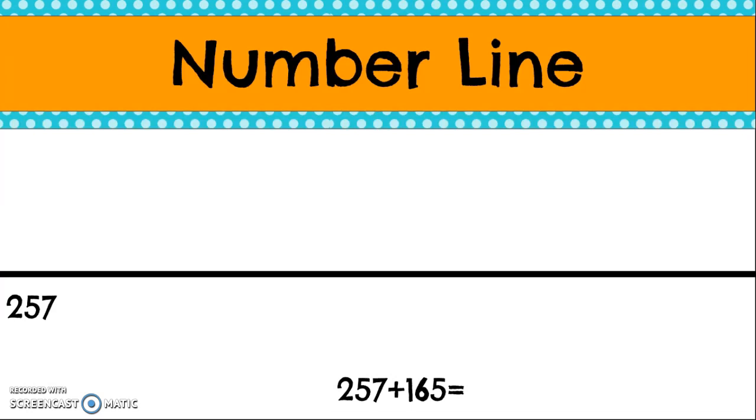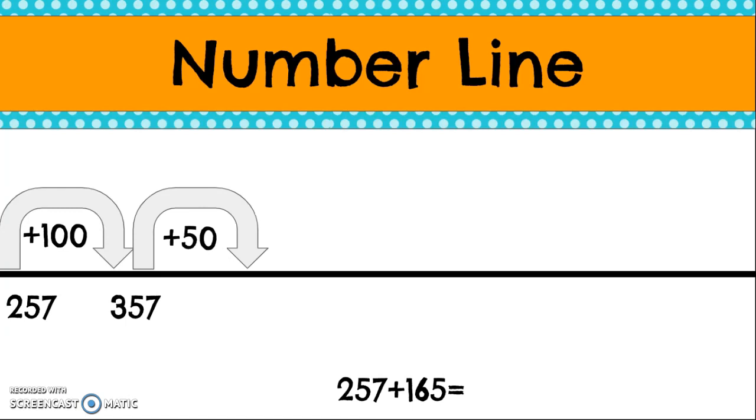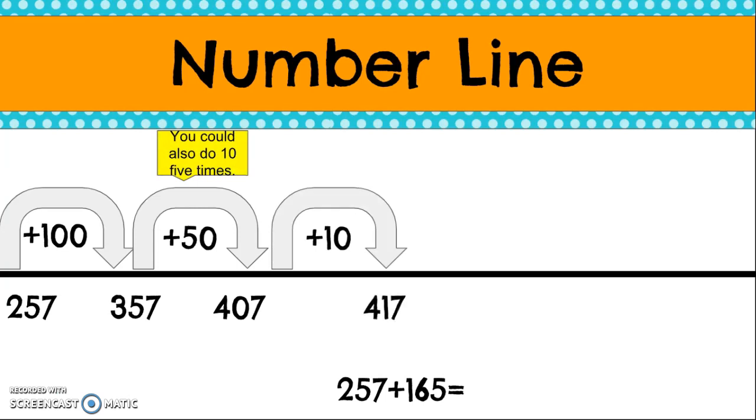So when I'm looking at my number 165, I have 100, so I can leap 100, leaving you with your answer of 357. Then I look and see I have 60, so I would leap 50, leaving me with 407, and then leap another 10, leaving me with 417.